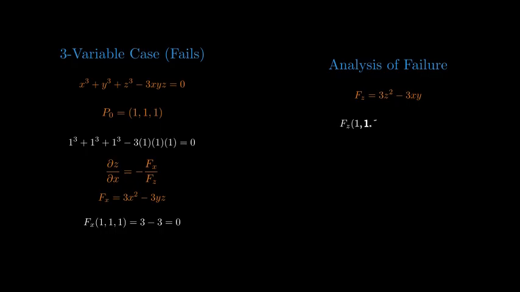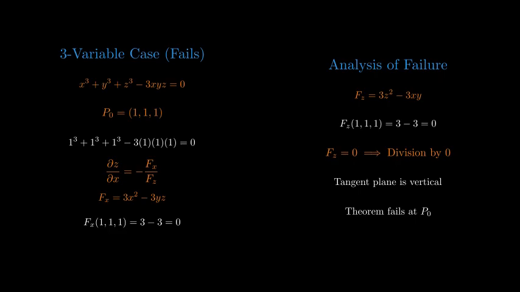The partial derivative of f with respect to z is 3 times z squared minus 3 times x y, which evaluated at our point gives 3 times 1 squared minus 3 times 1, or 0. Wait, notice that the denominator is 0 in this specific case, which means the hypotheses of the implicit function theorem fail at this exact point because the tangent plane becomes vertical, meaning z cannot be expressed as a local function of x in a neighborhood of this symmetric point.